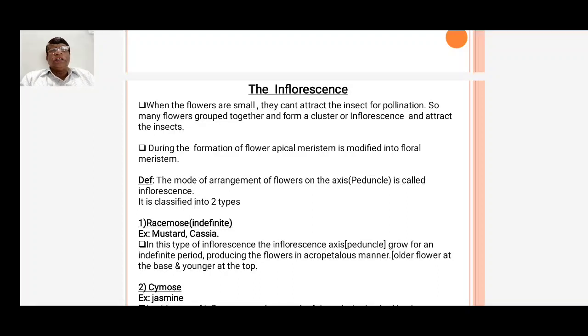Once again, the mode of arrangement of flowers on the peduncle is called inflorescence.